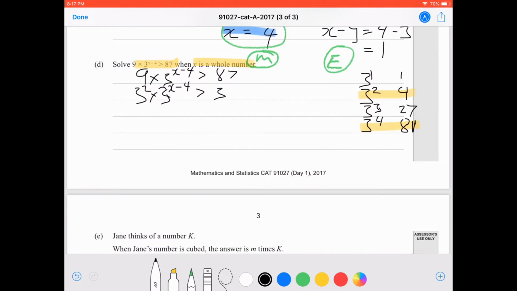Because if our left side is greater than the right-hand side, when x is a whole number, then that value for x will be greater than 3 to the power of 4, okay?